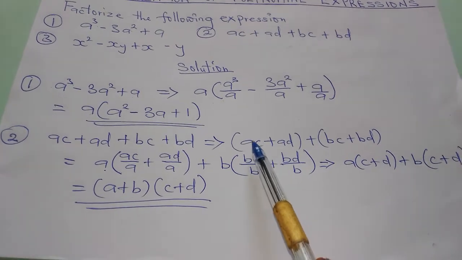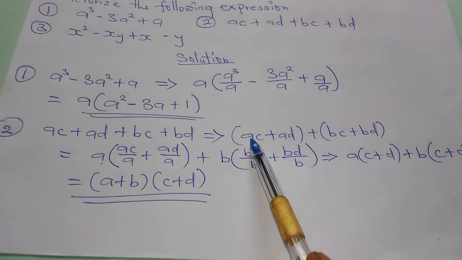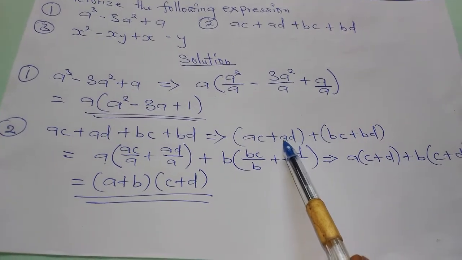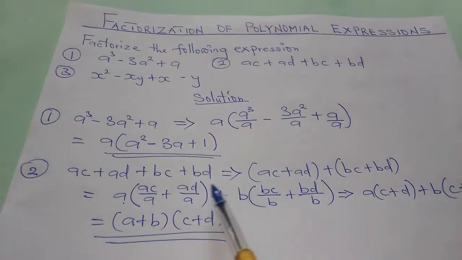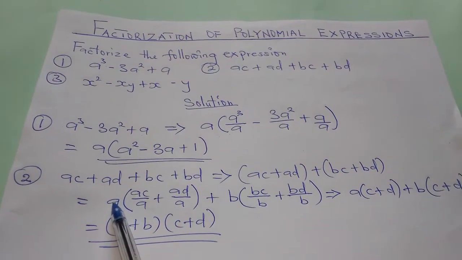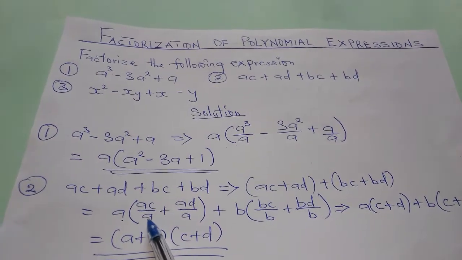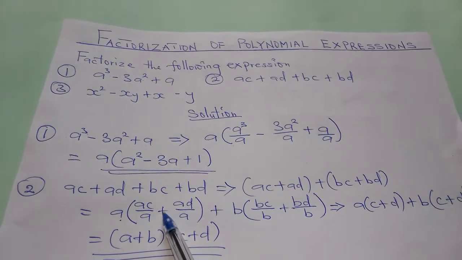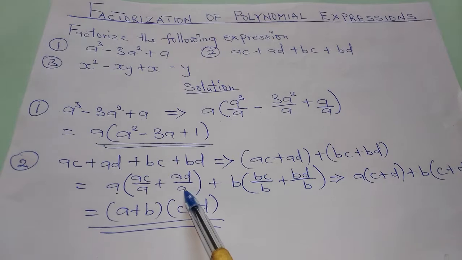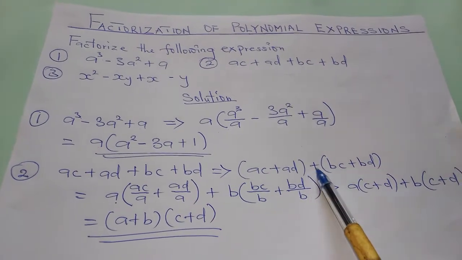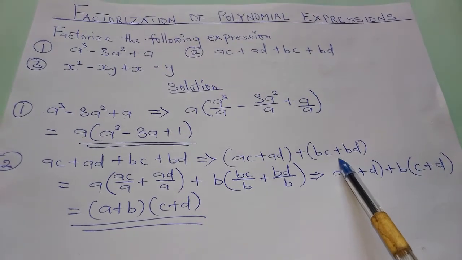So now in the first bracket we have A as a common factor. A is here and A is here. So A is a common factor in the first bracket. So take that A here. Now divide AC by the common factor, which is A, plus, bring it down here, divide this AD by the common factor, which is A. Now bring this plus here, do the same thing in the second bracket.